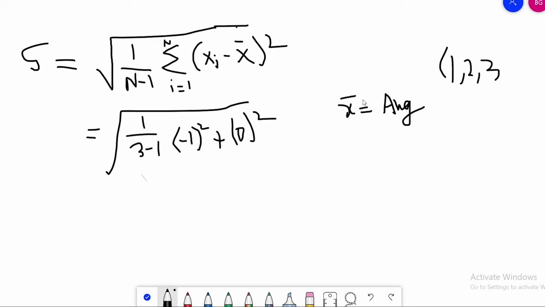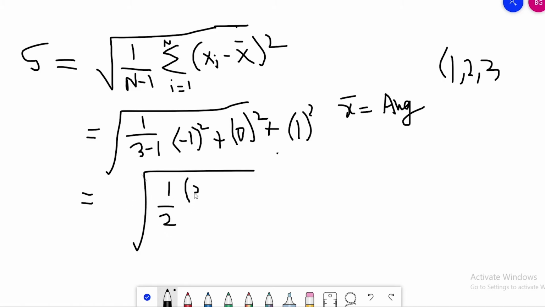Then we have 3 minus 2, which is 1, so this is actually plus 1. So we get the root of 1 by 2 times 2, so this 2 gets cancelled and in total we get the standard deviation to be 1.